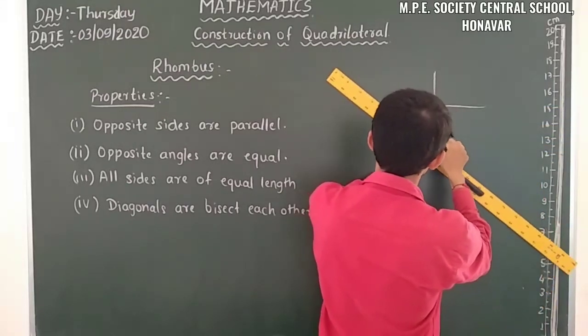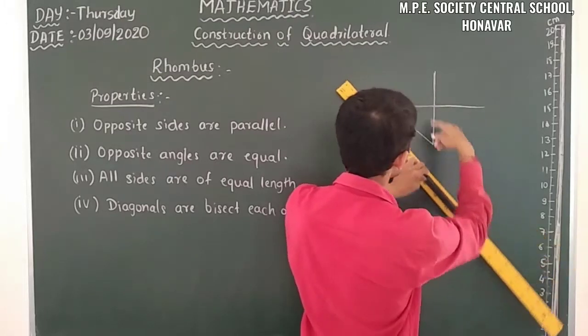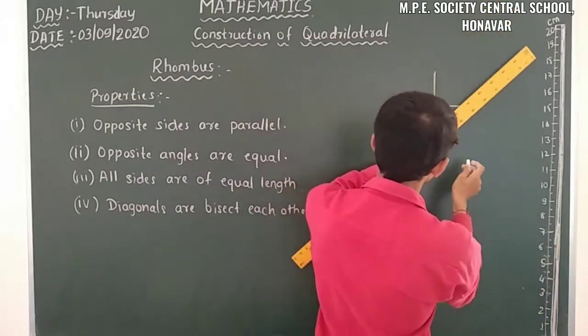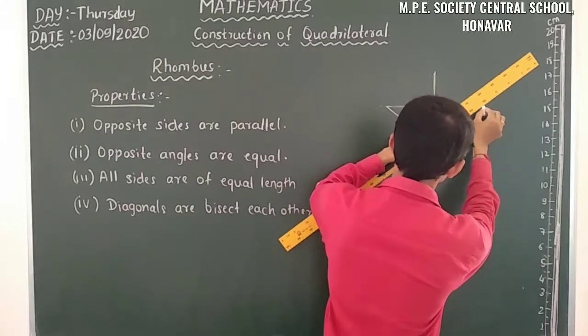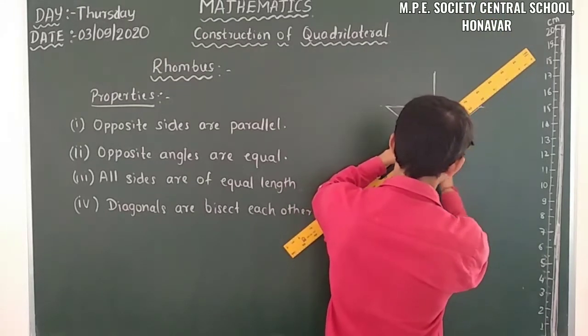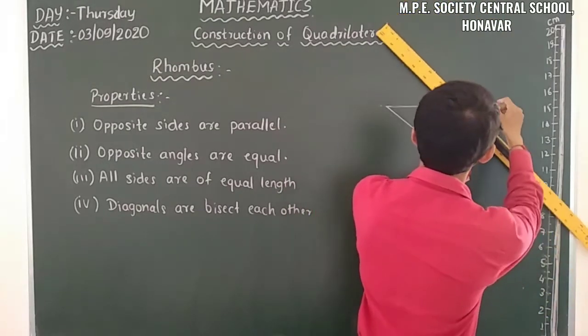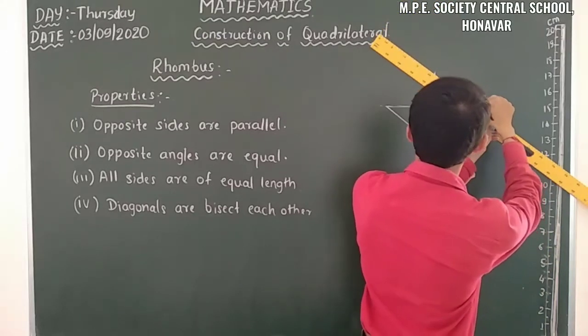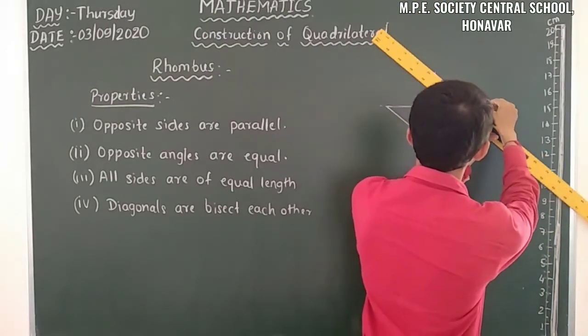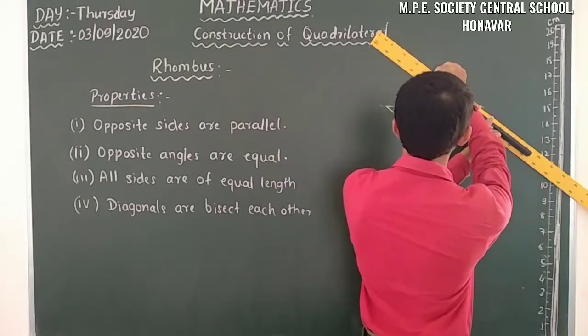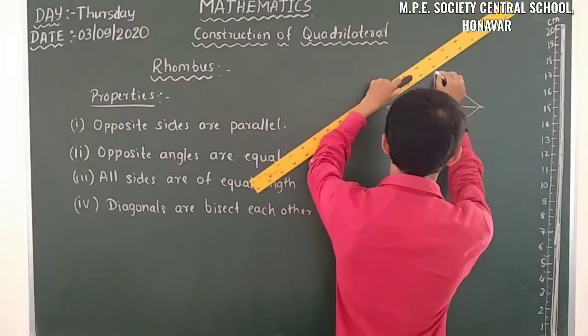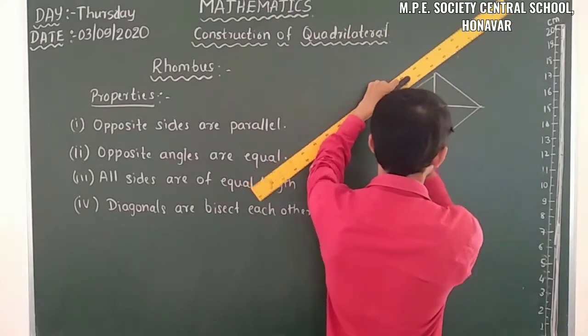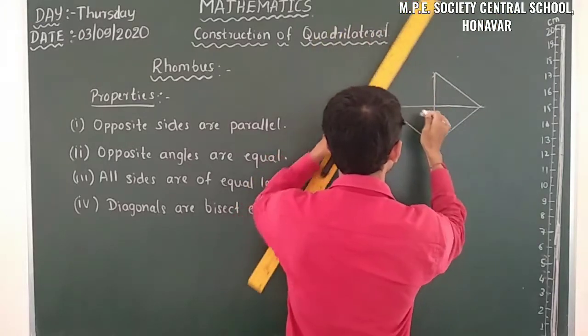Firstly draw a plus sign, after that we join the ends like this. Here it is, a rhombus.